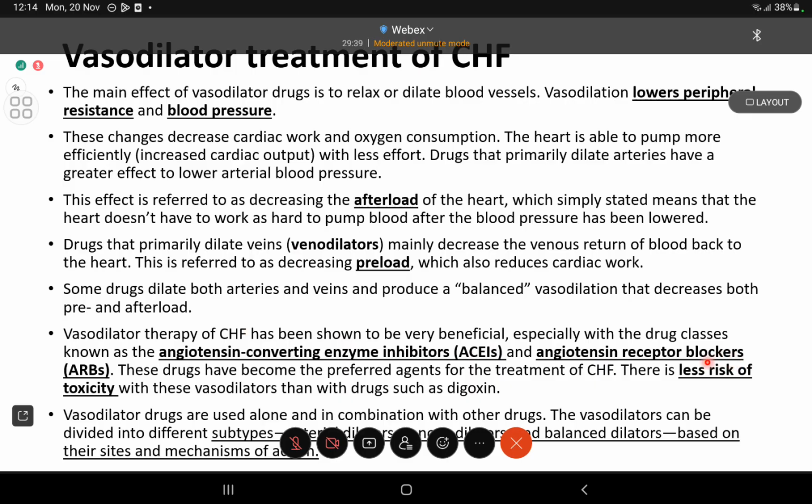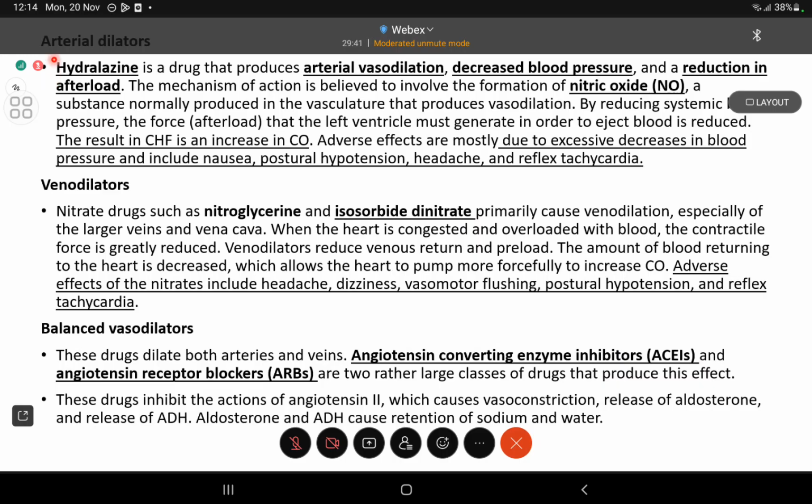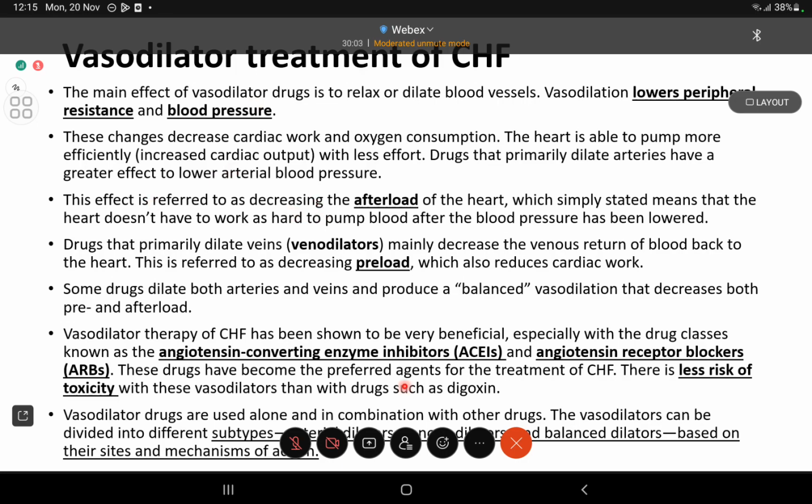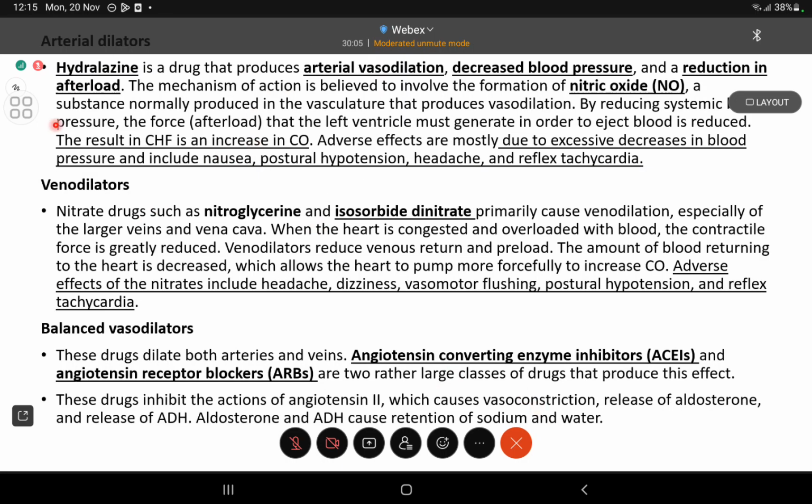But for me, I feel that the arterial dilator and venous dilator, such as hydralazine and nitroglycerin, are the vasodilators, because these two are quite important.